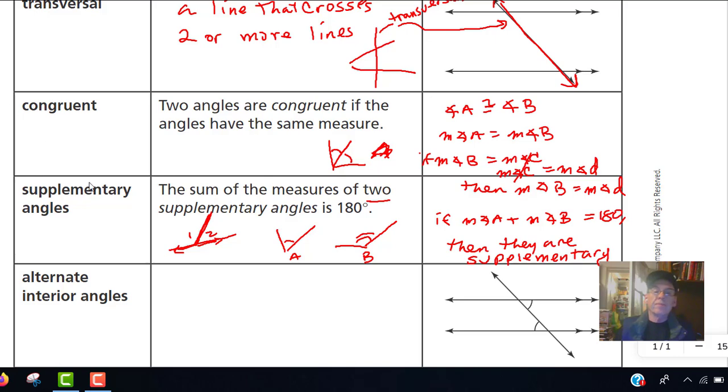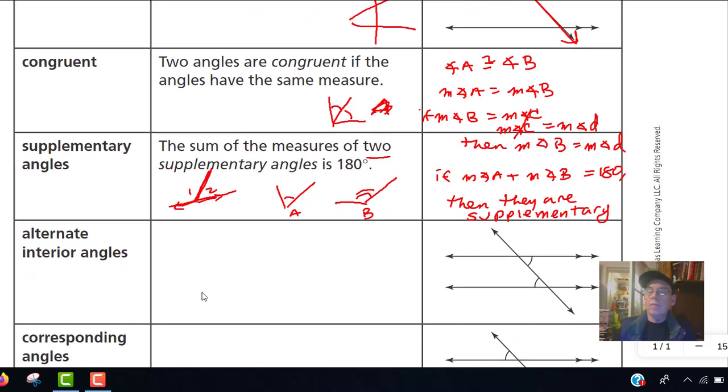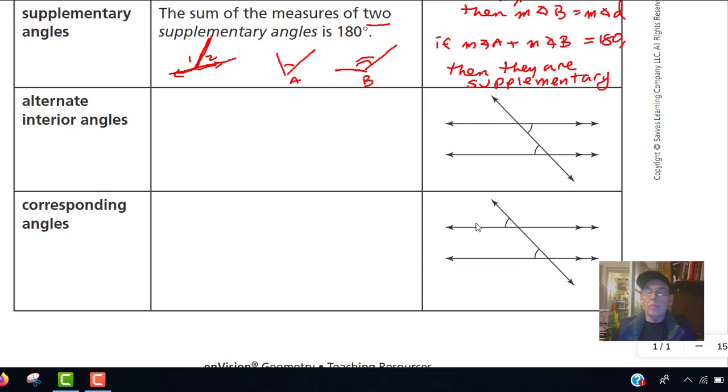Let's look up alternate interior angles. Alternate interior angles are two angles that are on alternate sides of the transversal in a system of parallel lines, or in a system of lines, two angles that are on alternate sides of the transversal and inside the lines that are crossed.